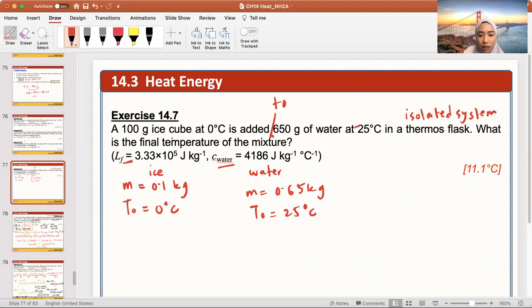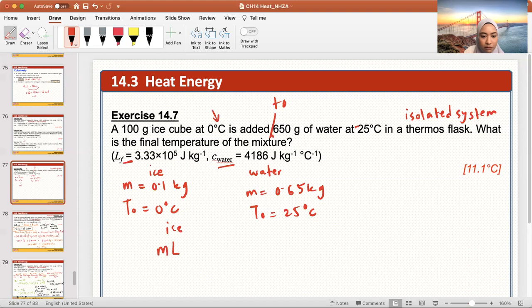Here our ice cube at 0 degrees Celsius is added to 650. So how should we do this? The ice will absorb heat. It is already at 0, so it will go straight to L F, right?